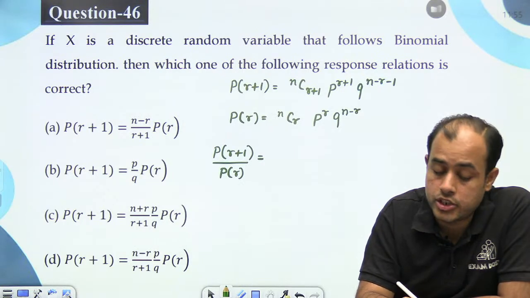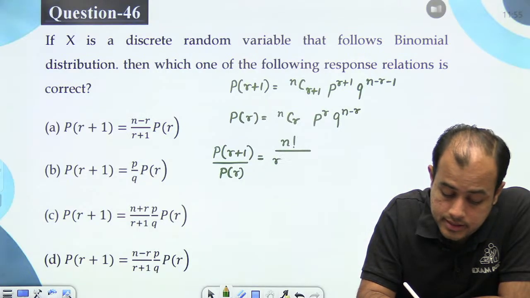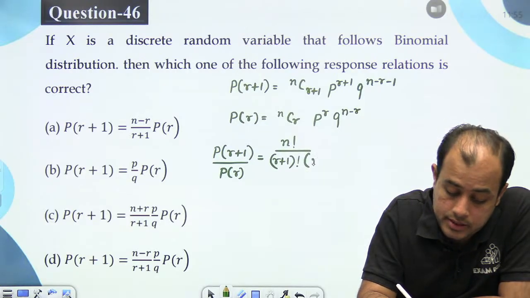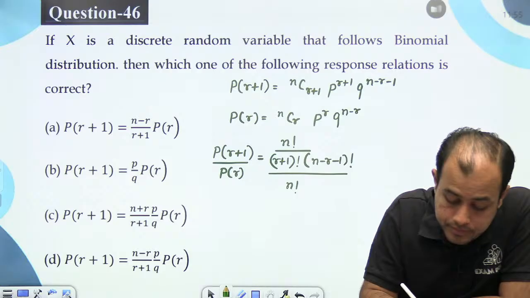Recursion relation means that is when you find the next term in a sequence based on the previous term.